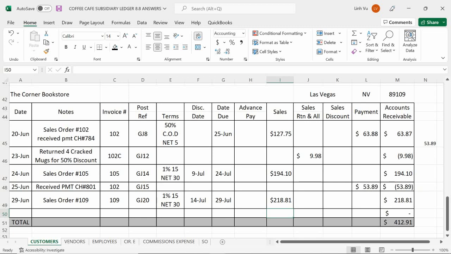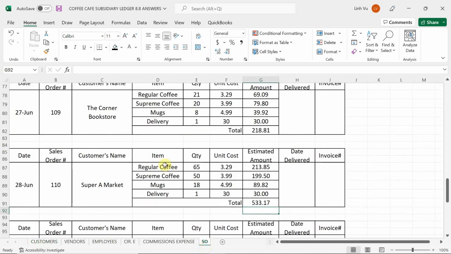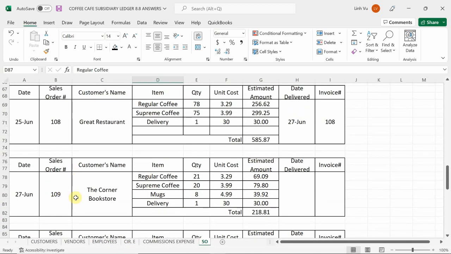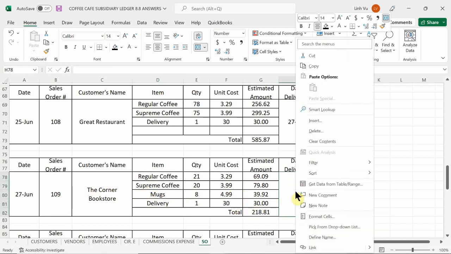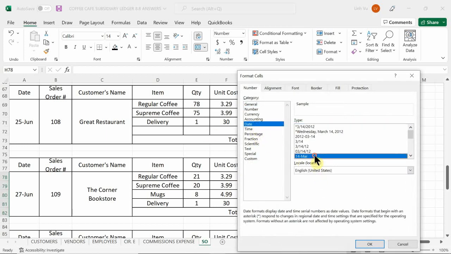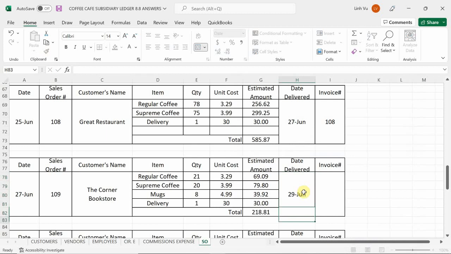Of course, we need to also calculate the commissions that Mr. Albert is going to receive. So we need to check mark that we did sell our sales order number 109 to the corner bookstore for $218.81. Format the cell here to the date. Today is the 29th, and it was invoice number 109.